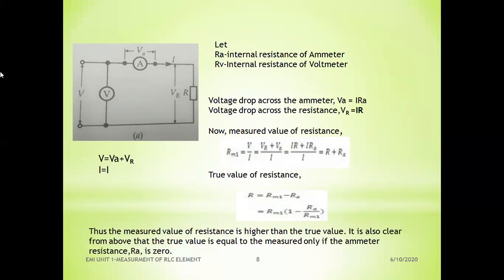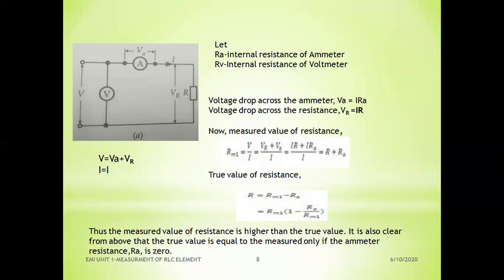For this figure, the ammeter has some internal resistance, that is RA, and the voltmeter that is connected here also has some internal resistance. It is denoted by Rm.